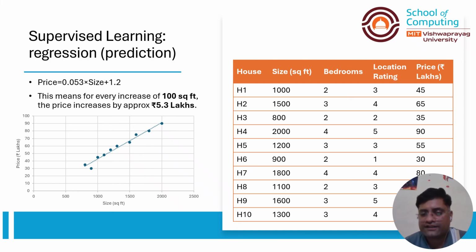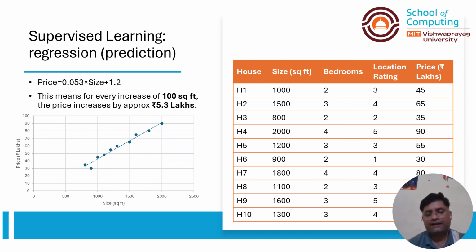In this particular example, I have some characteristics or features of a flat: the size of that flat in square feet, the number of bedrooms and the location. Based upon that, I have the price of that particular flat. Here I can produce the line of regression.